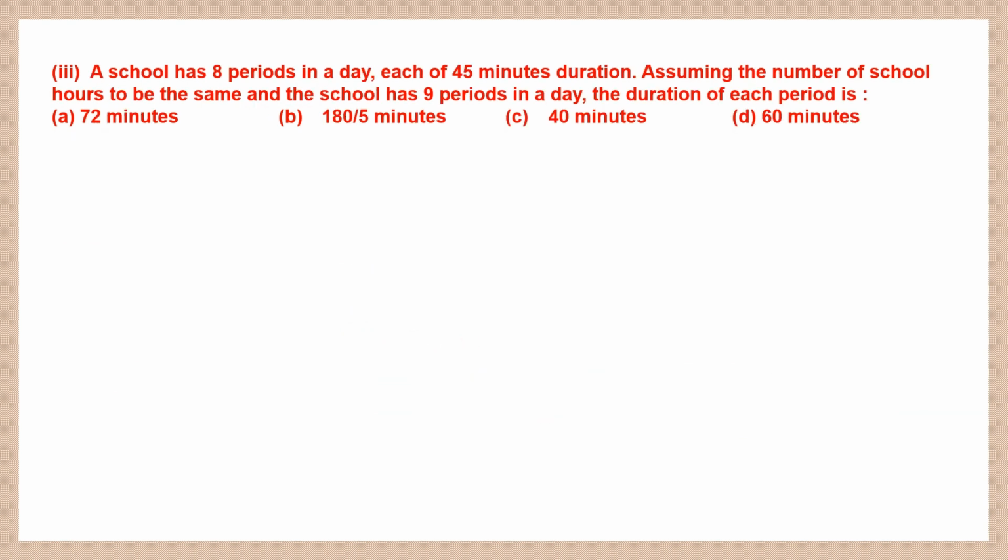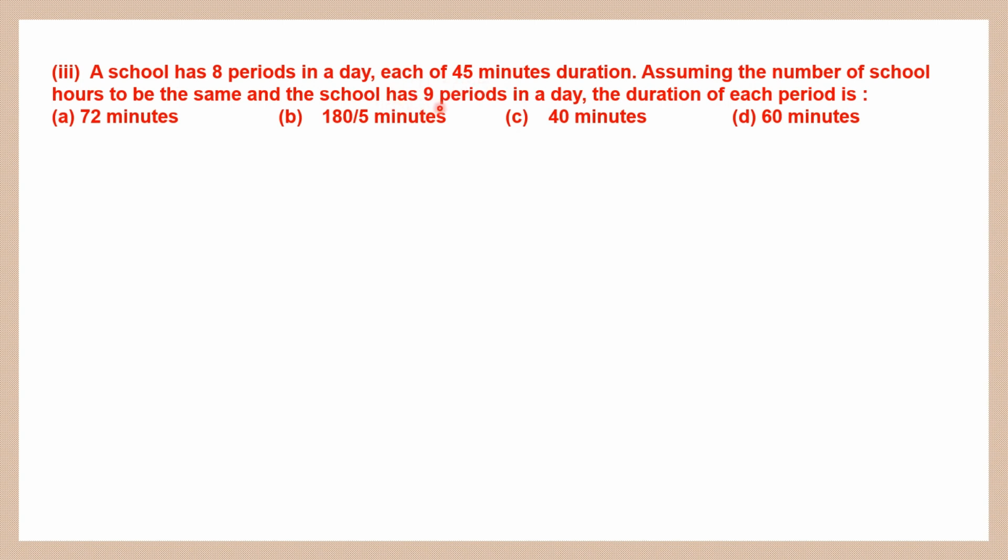Question 3. A school has 8 periods in a day, each of 45 minutes duration. So when there are 8 periods, the duration of each period is 45 minutes. Assuming the number of school hours to be the same and the school has 9 periods in a day, what is the duration of each period is what we are asked to find. So when it was 8 periods, the duration was 45 minutes per period.